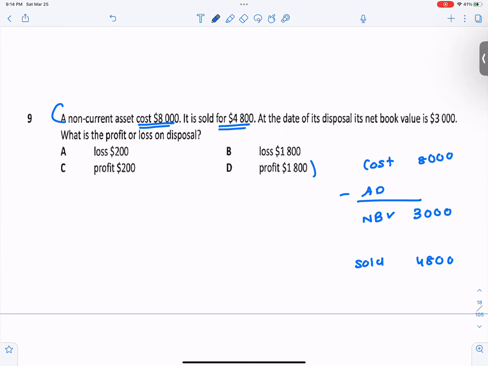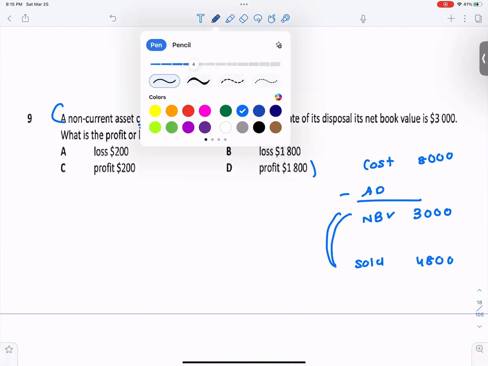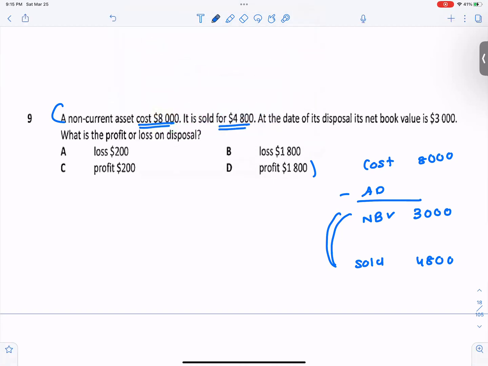What is the profit or loss on disposal? Accumulated depreciation is 5,000. I do not need to know the accumulated depreciation, do I? No, you don't. You're right. It's a profit of 1,800. Done?